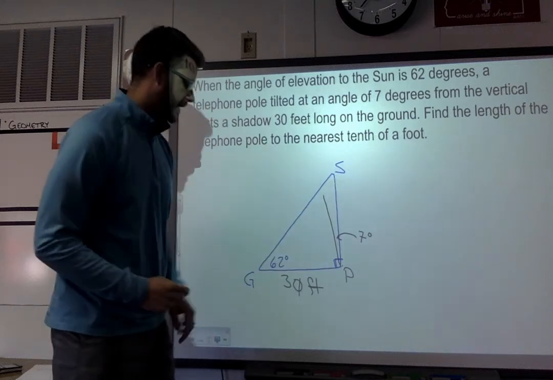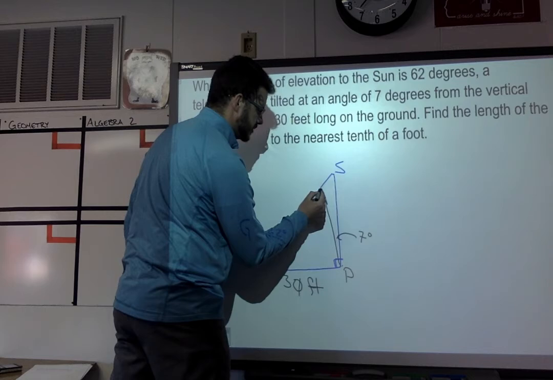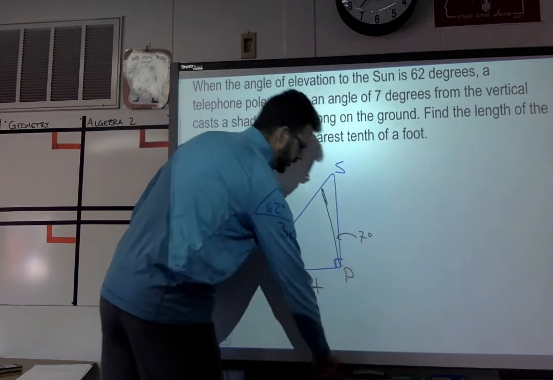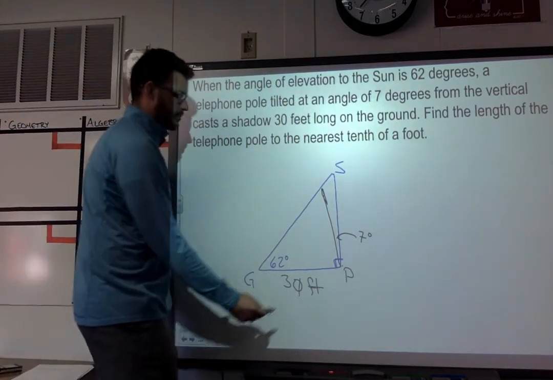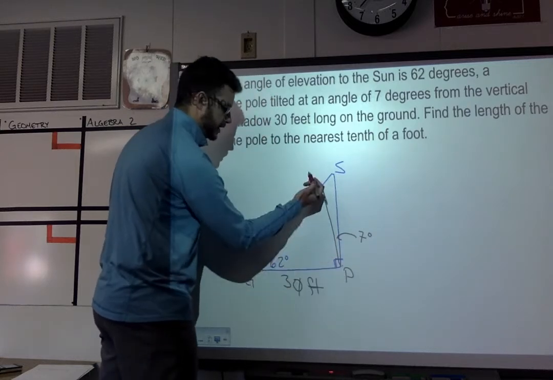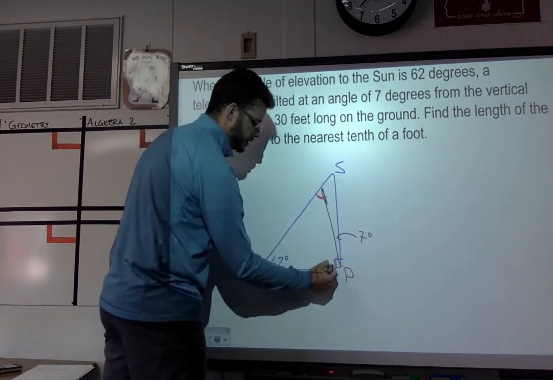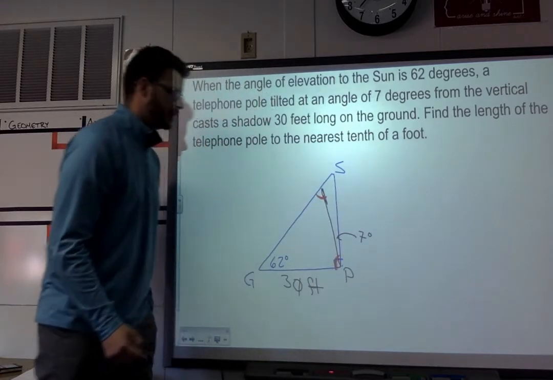So in order to do that, we need to come up with a couple of missing measurements. That pole's going to go all the way up there. Those missing measurements we need to come up with are for this triangle here. We need to come up with this measurement and this measurement.